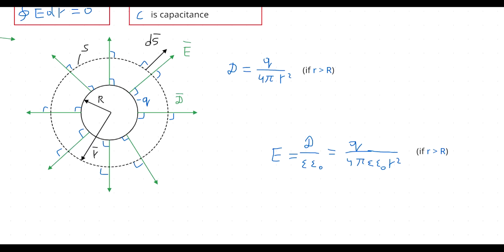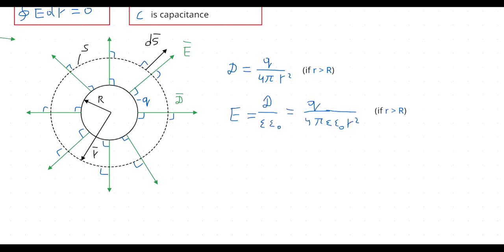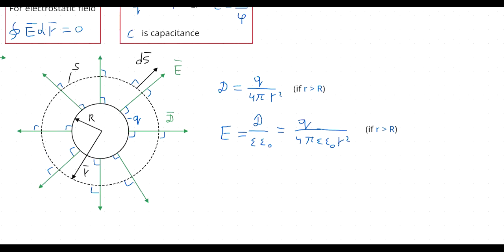What about electrostatic potential? For such a field, we have calculated the electrostatic potential in our previous lecture. Because as you can see, the electrostatic field of a charged ball is the same as the electrostatic field of a point charge. So the electrostatic potential will also be the same as for a point charge.